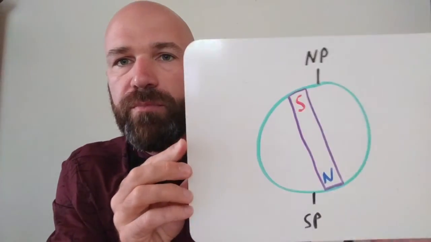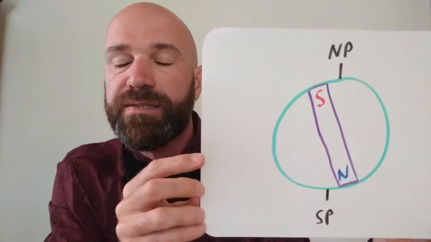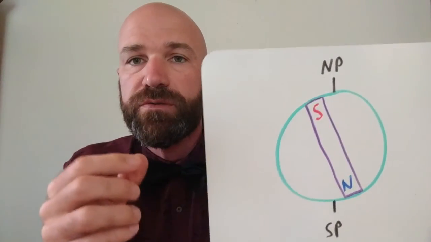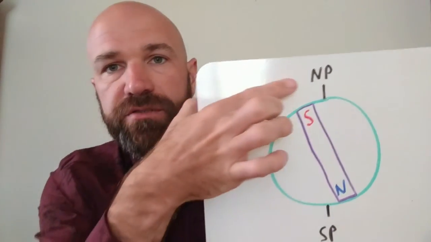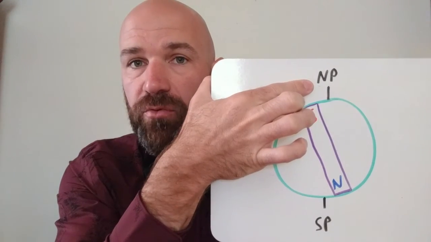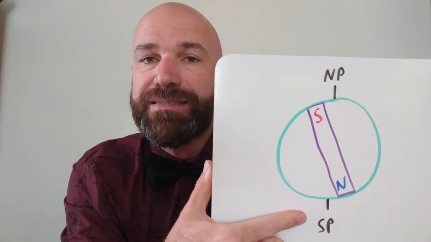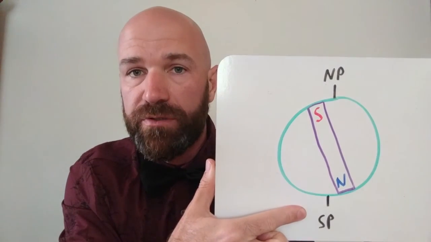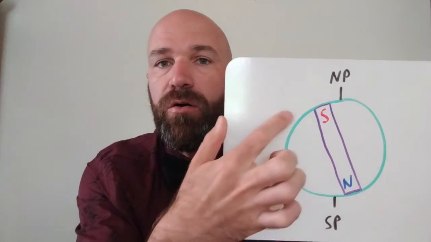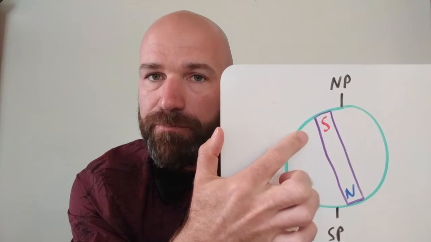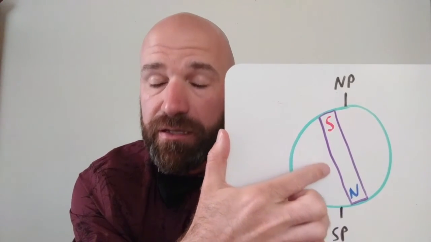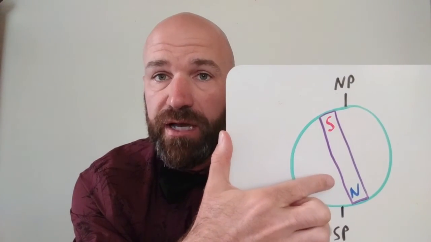Here's a diagram of the Earth with its magnet and its magnetic poles labeled. Here's the geographic North Pole. This is where Santa Claus lives. Here's the geographic South Pole. That's where the penguins live. You can imagine there's a giant bar magnet inside the Earth. It's not literally, but that's how you can visualize it.